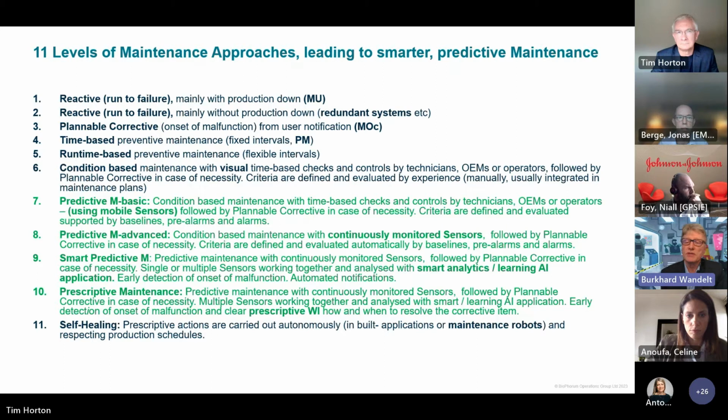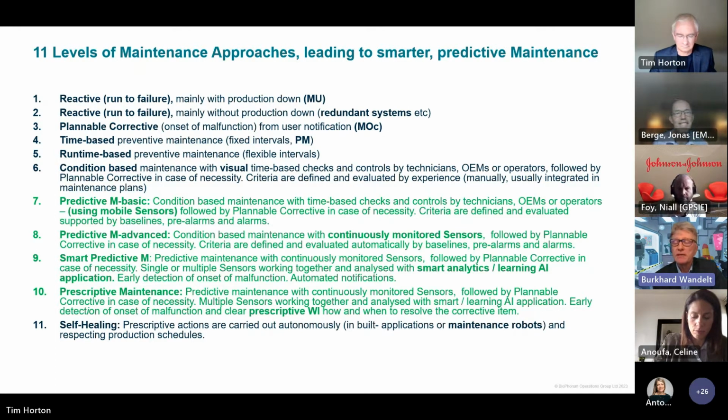Here you see in green what we are going to explain a little further, but let me take you up the ladder, we call it, or the levels of smart maintenance approaches, starting from reactive, that means run to failure maintenance, until the very end, the self-healing plant, where a robot will carry out the maintenance for you, something similar to what you see behind me in my video background here.